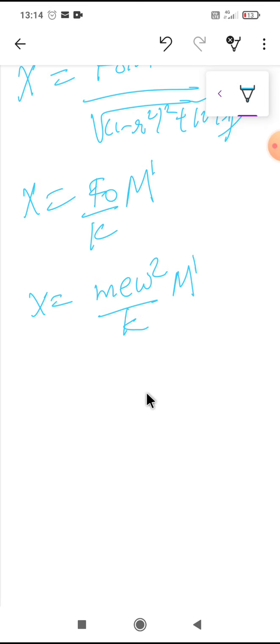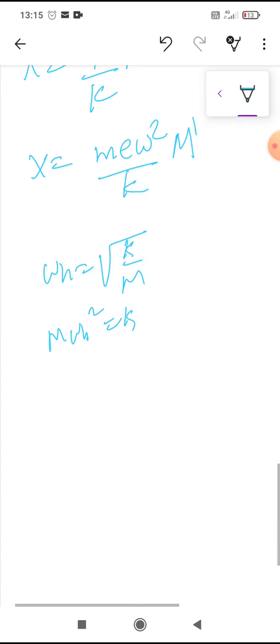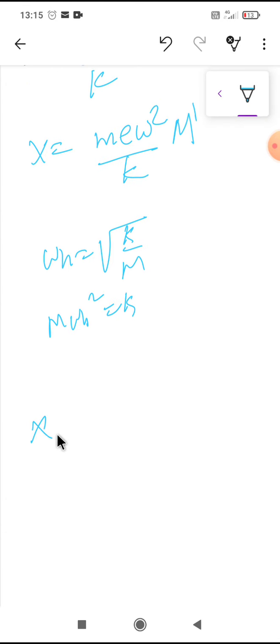Now we know that omega n is equal to under root k by m. So instead of k, I can write m omega n square. So x becomes m e omega square by m omega n square into m dash.